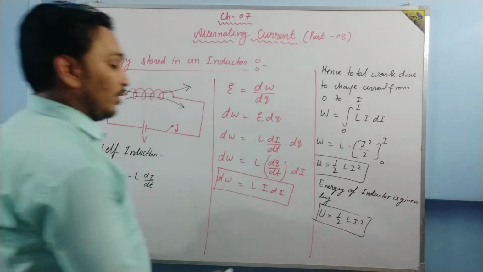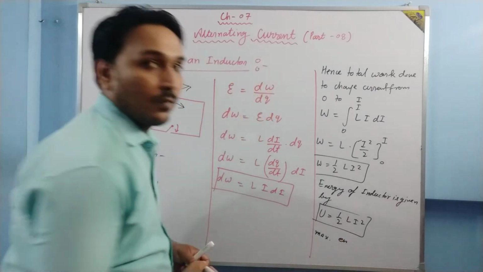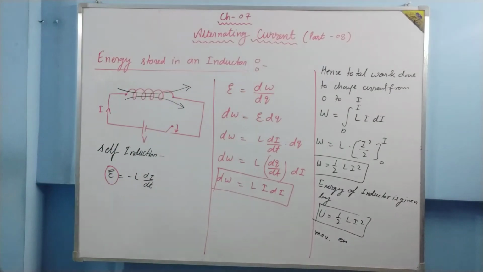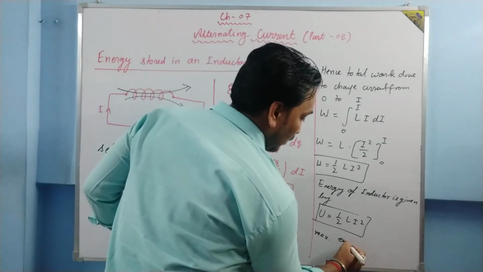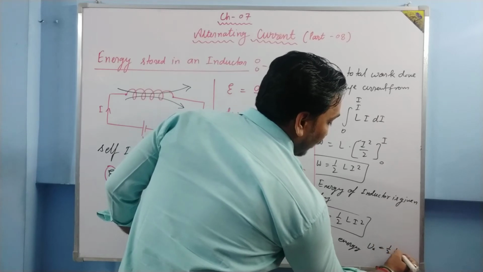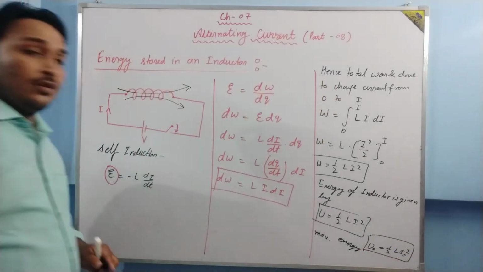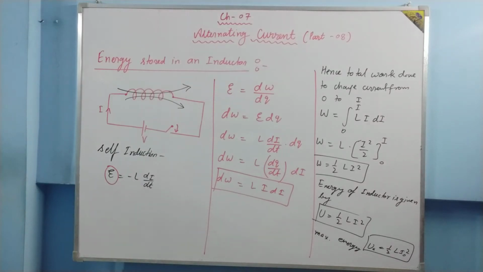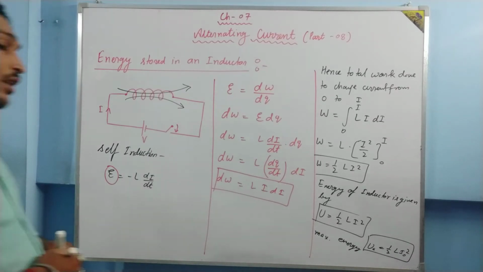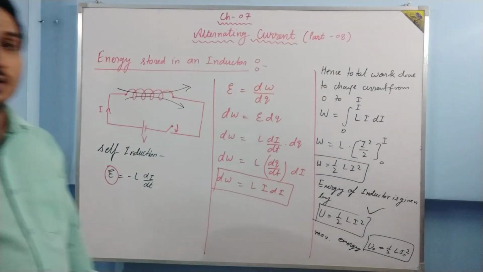So the maximum energy is given by U naught is equal to half Li naught square. I hope it is clear. U naught is equal to half Li naught square. So this is the energy of an inductor when the current builds from 0 to I.